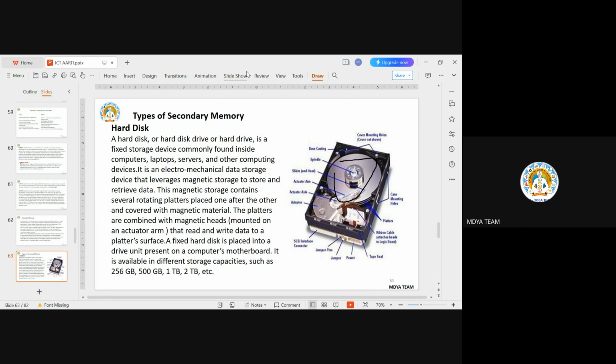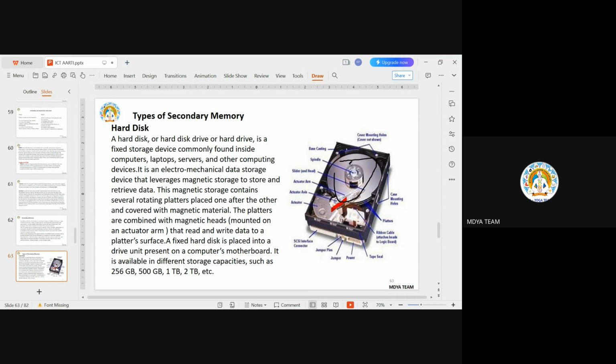I will change the color. Yes, this is the arm of the hard disk. When the data is being stored in this hard disk, the platter rotates and data is stored.